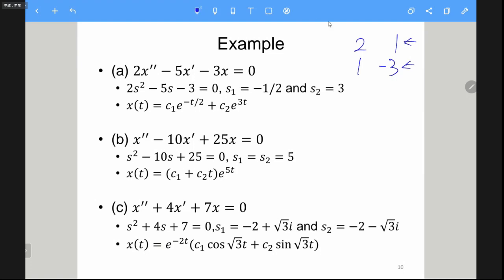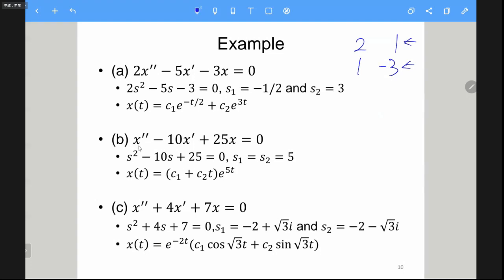So you have something like C1 exponential to minus half t, which refers to s1, and then C2 times exponential to 3t, which refers to s2. So this is the homogeneous solution, or actually the solution to this one, because we don't have anything on the right side related to the independent variable t here.